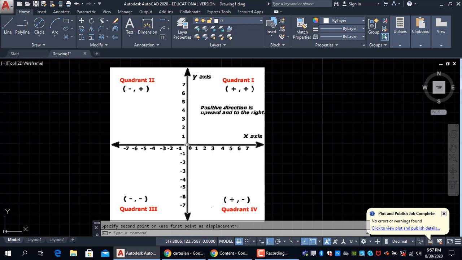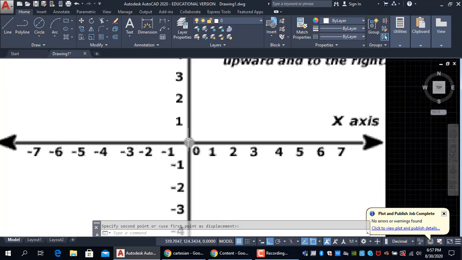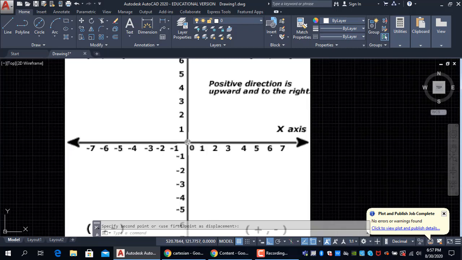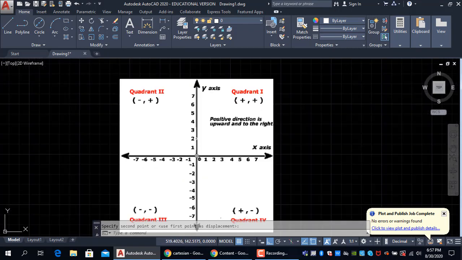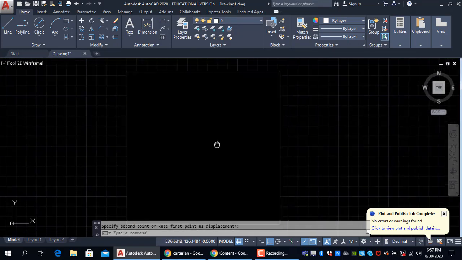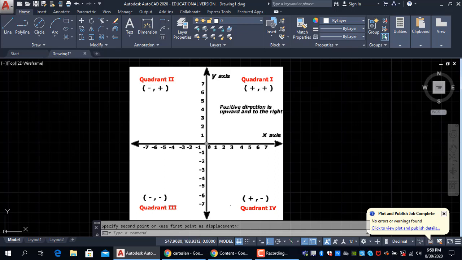Okay, where x and y meet, that's considered the origin. So where that dot is, that's considered the origin. And I'm using this graphic just so you can recall what you already know. So that's the origin. And by connecting those two axes, we have 4 quadrants.